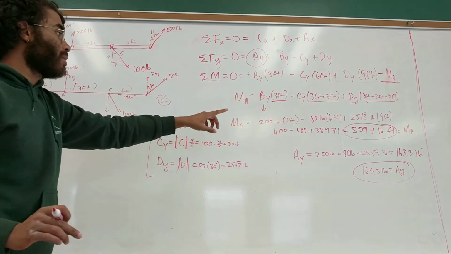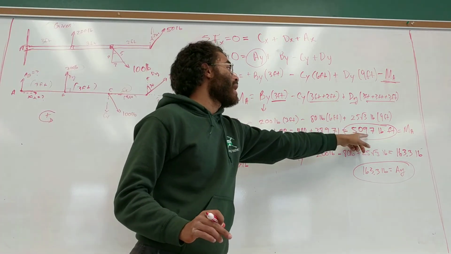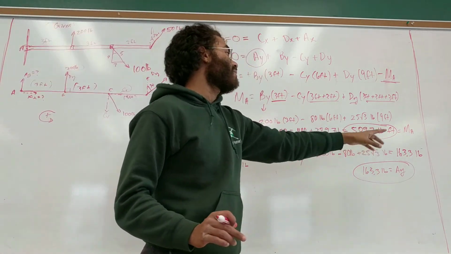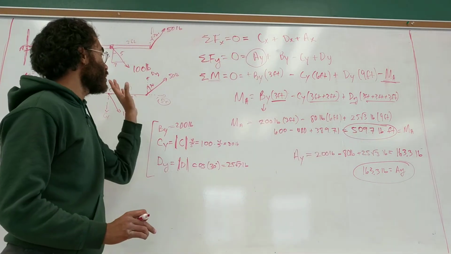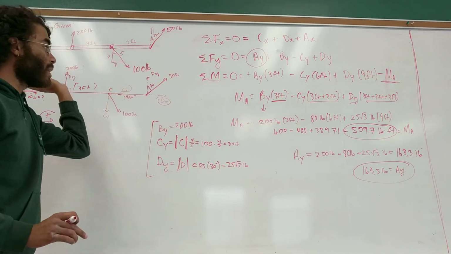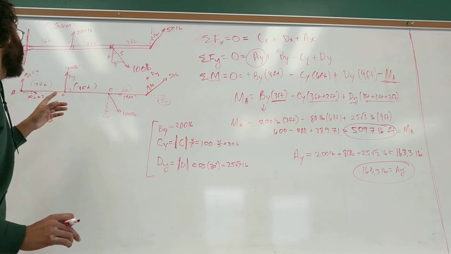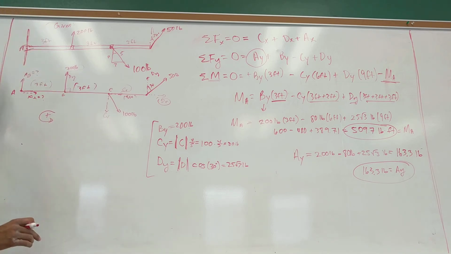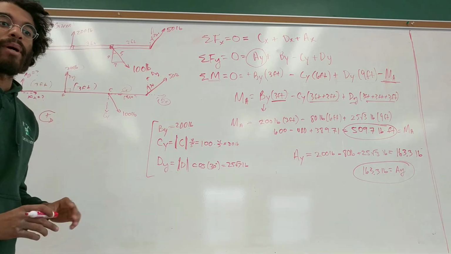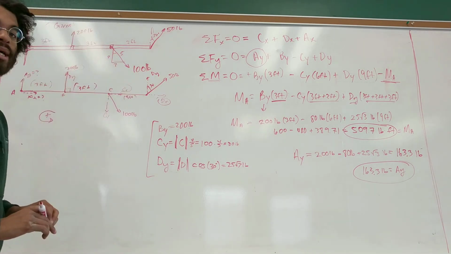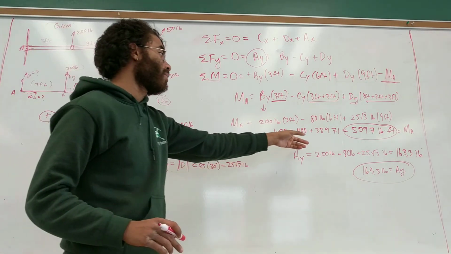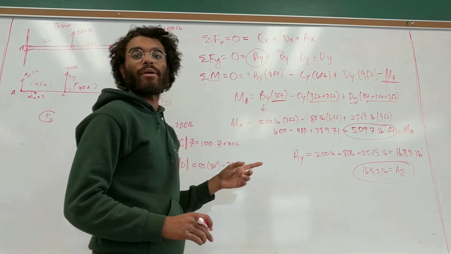So there's a moment of 509.7 foot-pounds, right? Going in this direction, in the positive moment direction. And therefore, the moment about A has to cancel that out, otherwise there will be movement, and it will be rotating, right? And we don't want any of that. So that's why MA is equal but opposite to this number here.